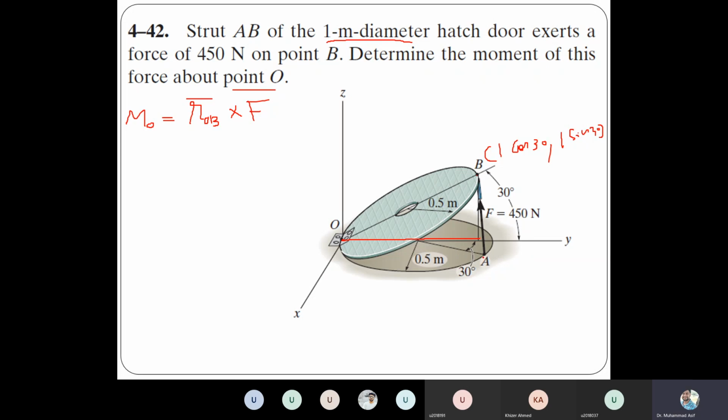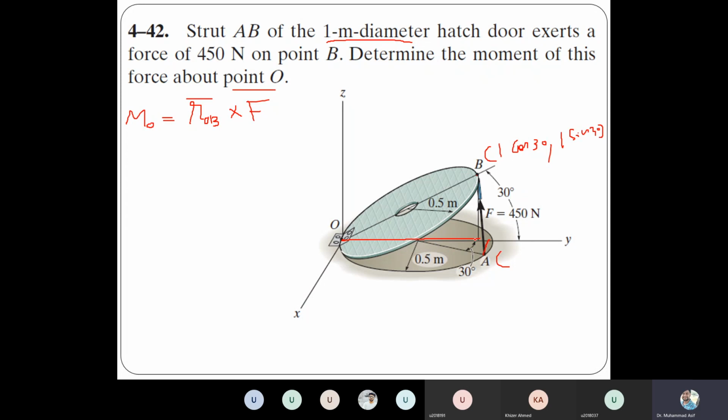To convert the scalar value of this force, we need a unit vector along that direction, and that unit vector will be along AB. So we also need the coordinates of A. Let's say this is parallel to OA.